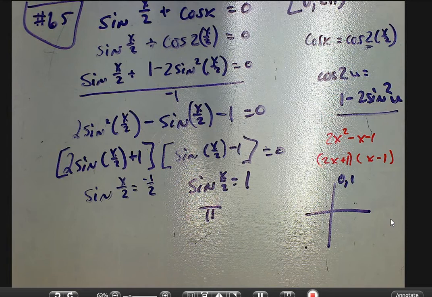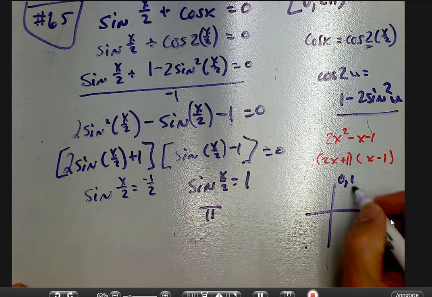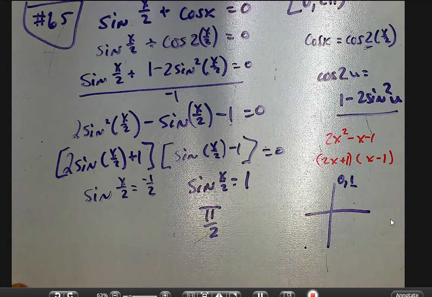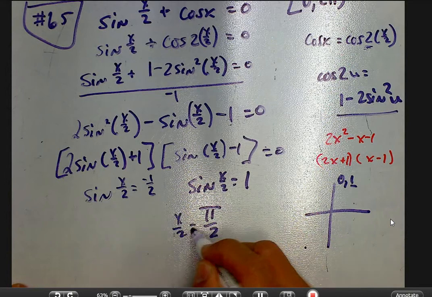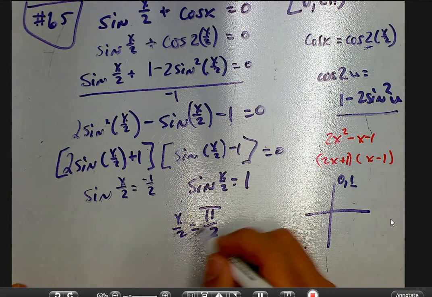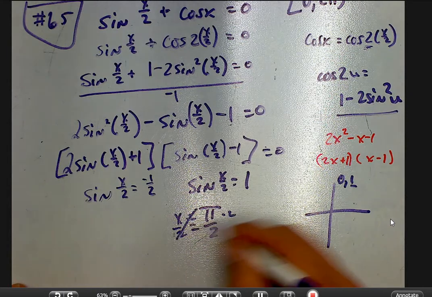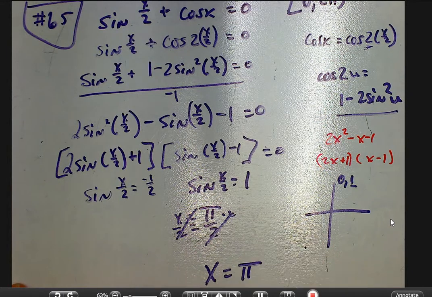Sorry, I got that wrong. Sine is y, that is y, so that's pi over 2. And so now I say x over 2 equals pi over 2. Multiply both sides by 2. 2's cancel. X equals pi is 1 answer.